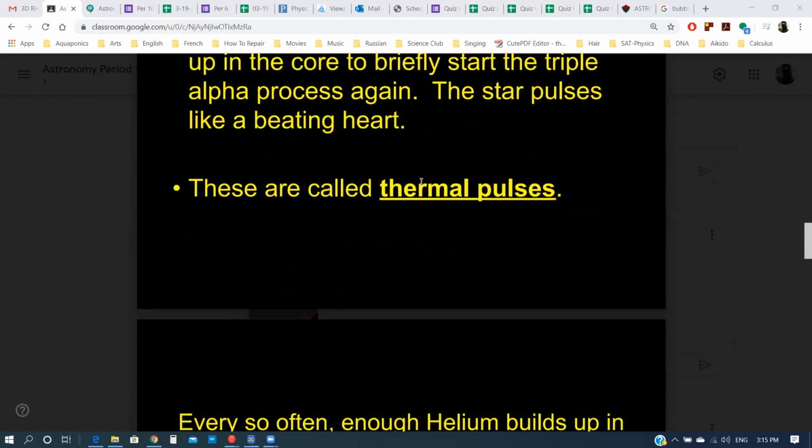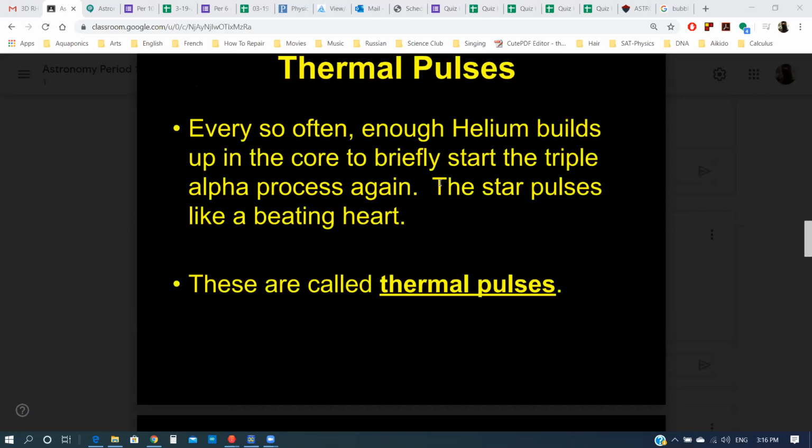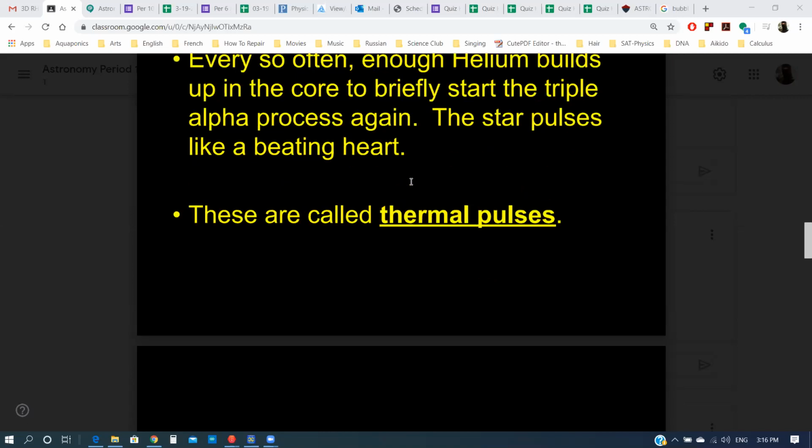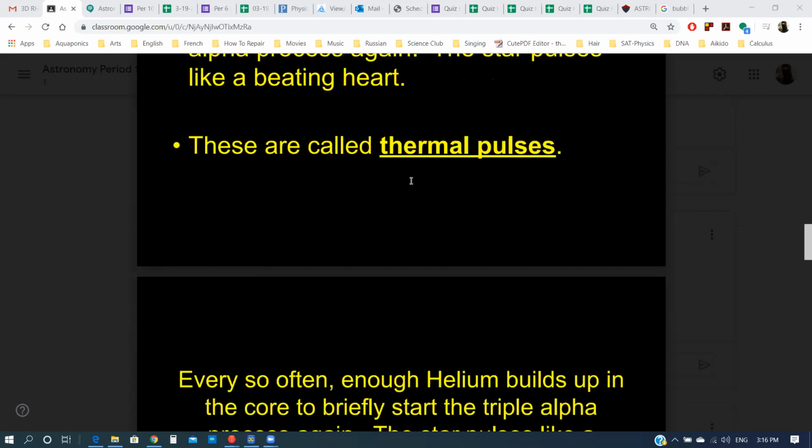We talked about thermal pulses. I'm right now on slide number 18. These changes in brightness, due to the availability of helium for the triple alpha process, change the brightness of the star, and that results in thermal pulses.